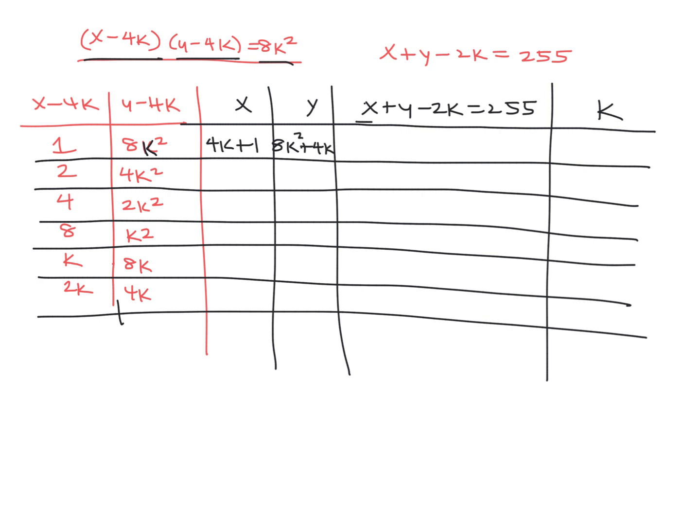And then when you substitute that into here for x and y, you'll get 8k squared plus 6k is equal to 254. Now, this will not give you any solutions for k that are prime, so no solution. Similarly, this guy will also give you no solutions, and this guy will give you no solutions, and this one gives us no solutions. But these ones do give solutions, and let me show you.